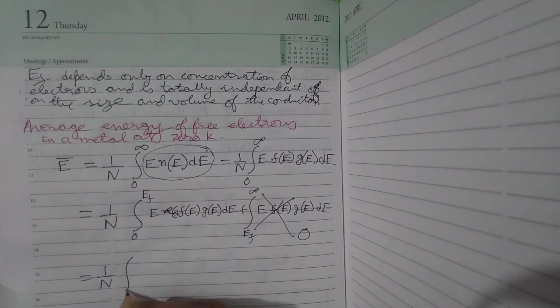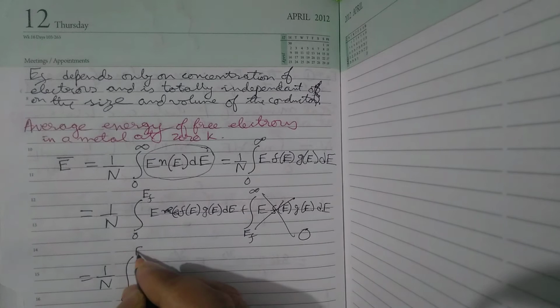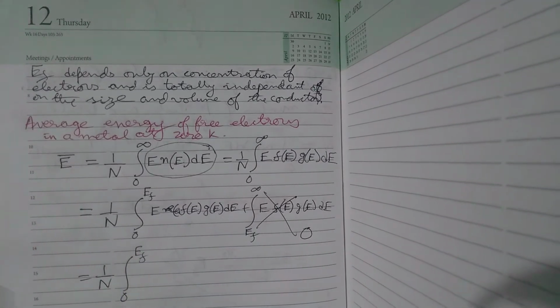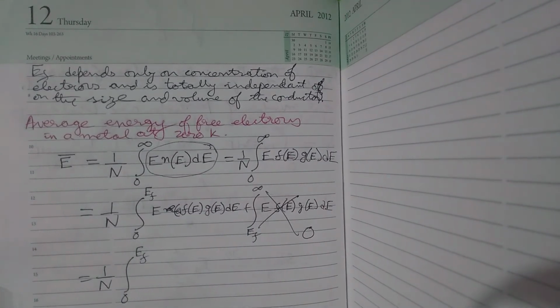So integration from 0 to EF. Now F(E) there is 1.